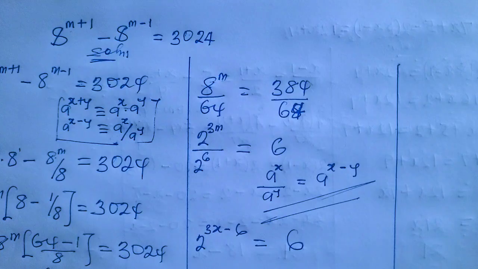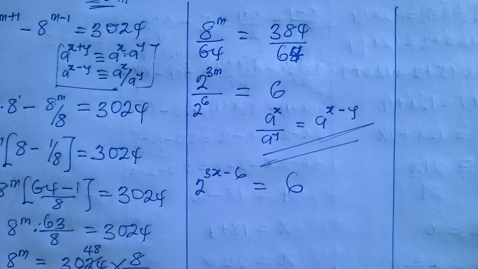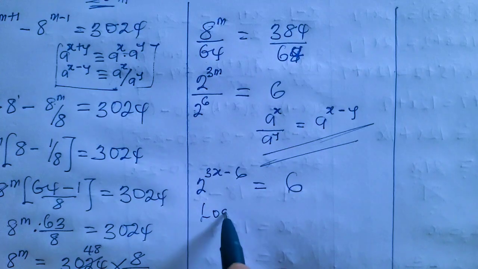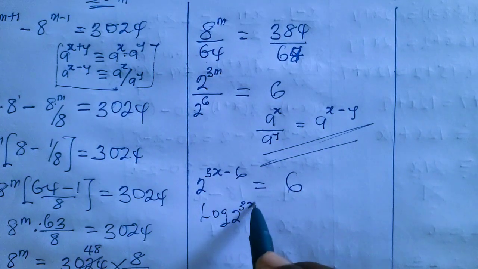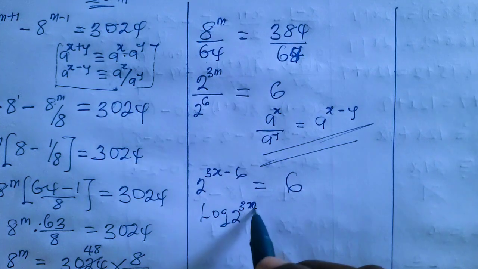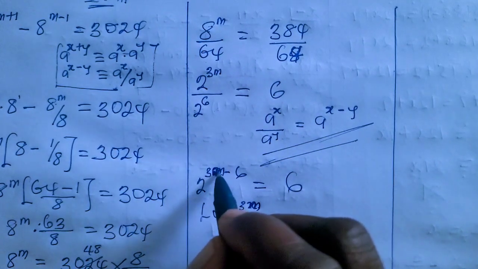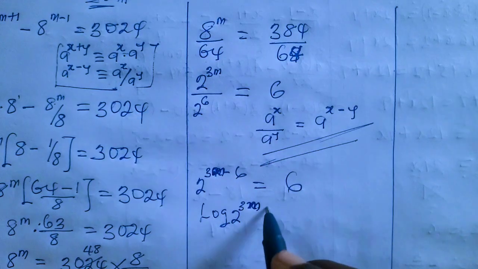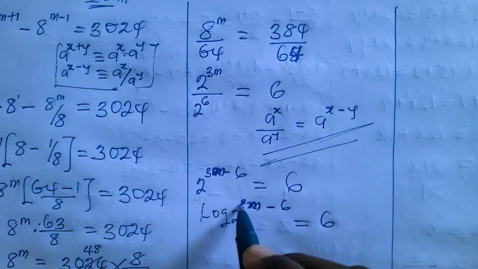At this point, I'm going to take the log of both sides of the equation, then I have log 2 to the power of 3m minus 6 equals log 6.